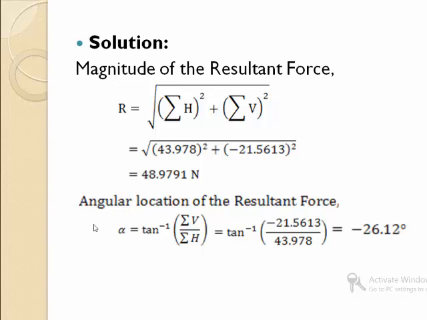Usually we measure the angle with respect to the horizontal base in anti-clockwise direction. Since the resultant force is in the fourth quadrant, this 26.12 degree has to be measured in clockwise direction from the reference. So we can locate the resultant force like this.